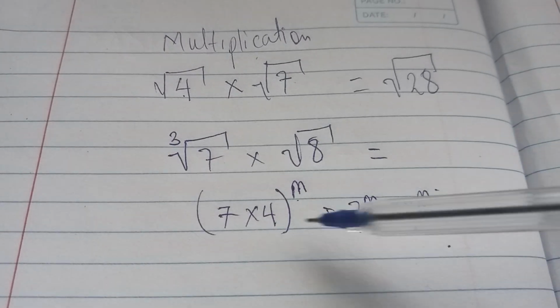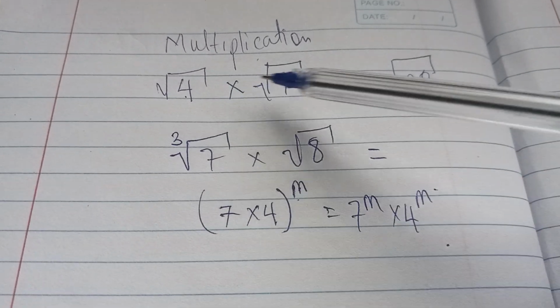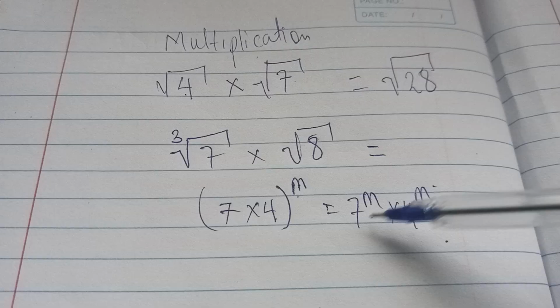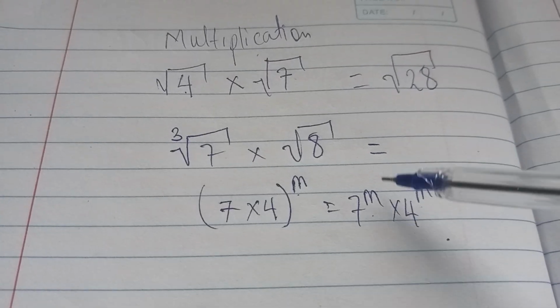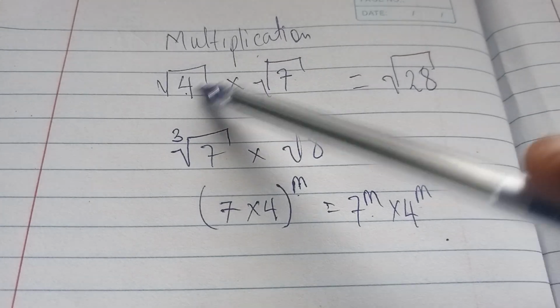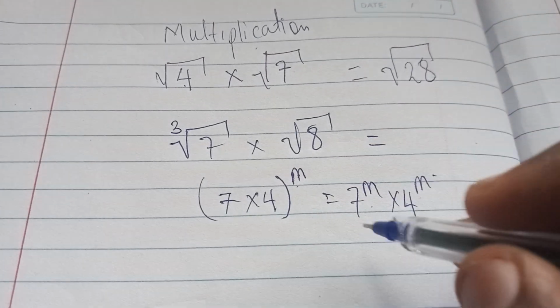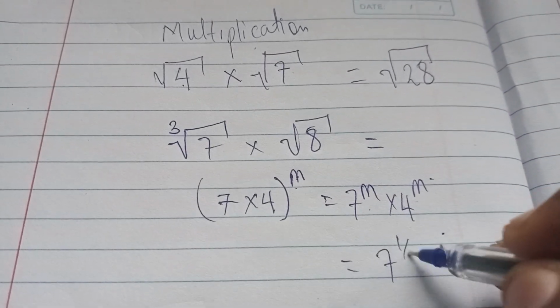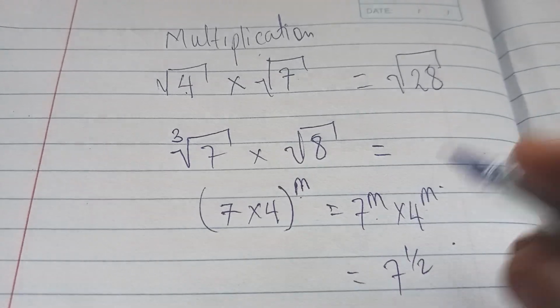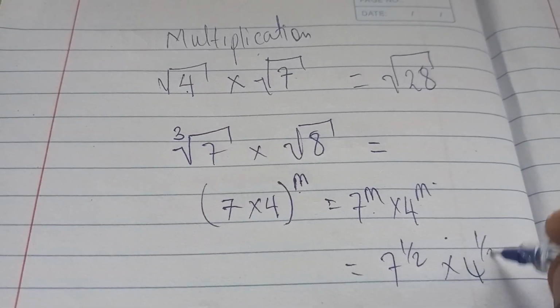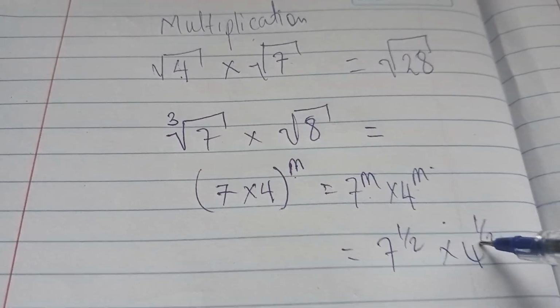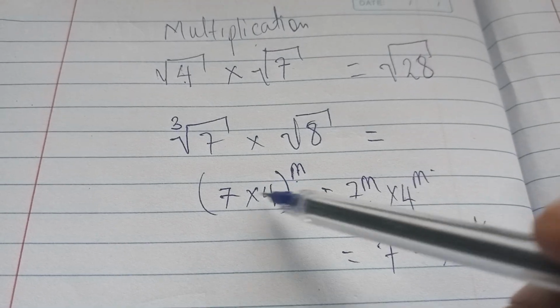So this is where it comes from. Now this case is just the reverse of this one. So here our m is the square root. I remember in the previous video, this square root means power half, so it's just like 7 power half times 4 power half.